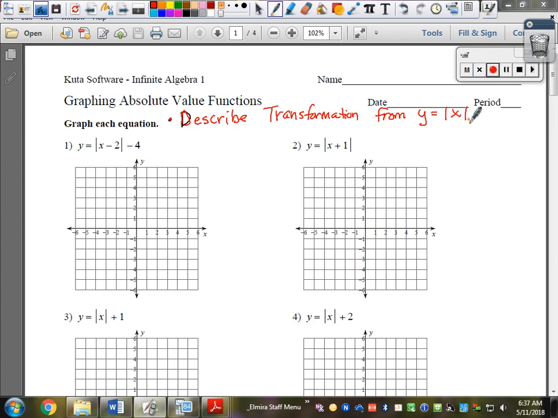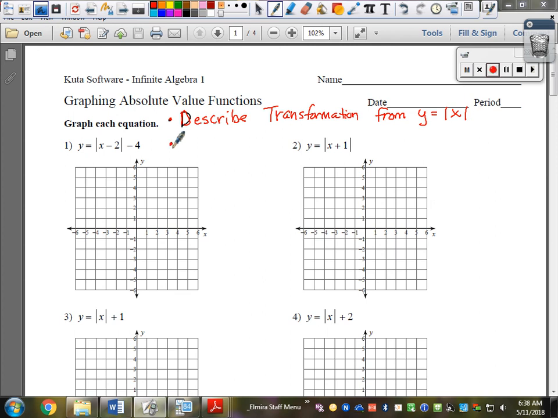How is it different? Okay, did it move up, right, left, down? How many? Did it reflect over the axis because you had a negative out in front? Did it become narrower or wider? Did it do a combination of those things? Describe everything that happened, okay?